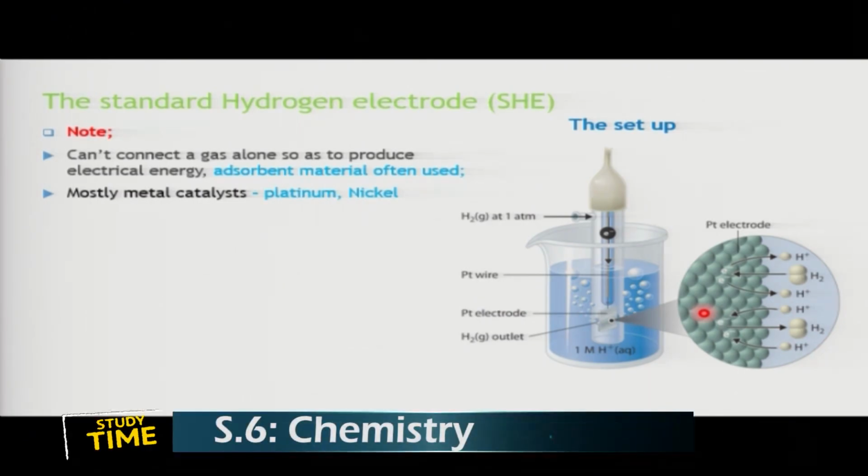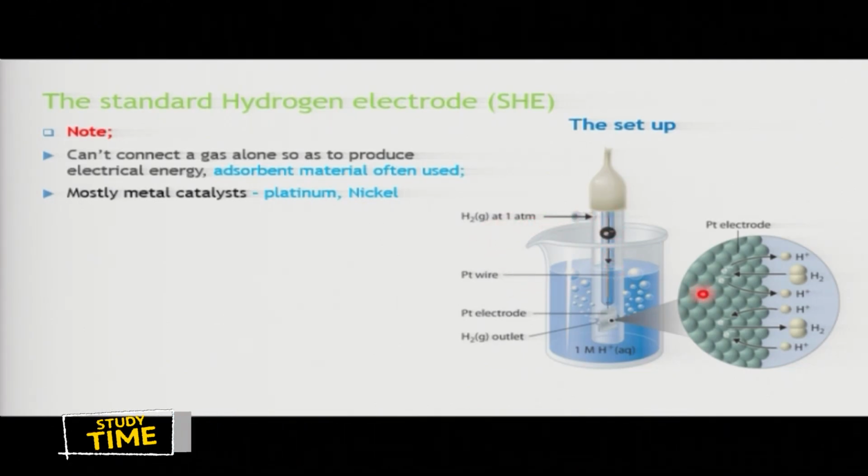So what happens is, with this setup, the hydrogen gas is let through in, and it gets adsorbed onto the platinum surface. So with that, it loses electrons. You see the equation here, forming hydrogen cations. And the hydrogen cations in solution, these 1M hydrogen ions, will pick up electrons, forming hydrogen gas again.